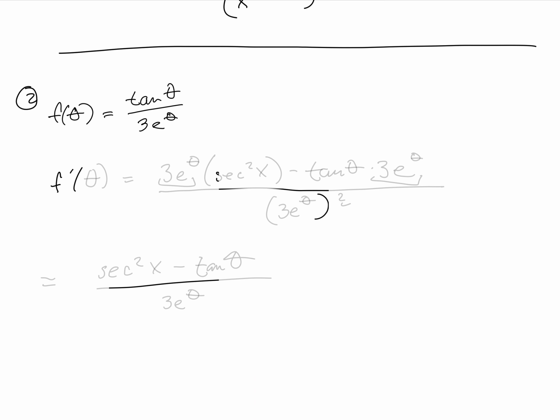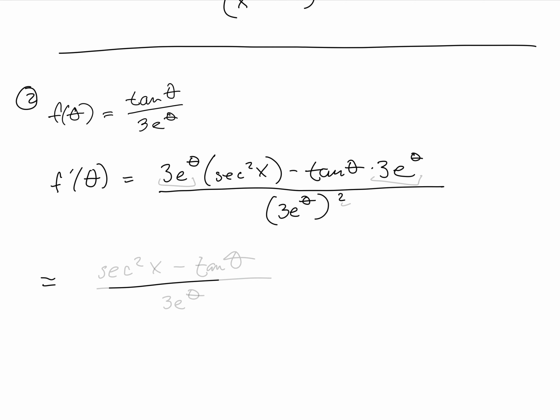So f prime of theta is low, 3e to the theta, d high. Derivative of tangent theta is secant squared theta, minus high, tangent theta, d low. Derivative of 3e to the theta is 3, constant multiple rule, times the derivative of e to the theta, which is just e to the theta, divided by 3e to the theta squared.